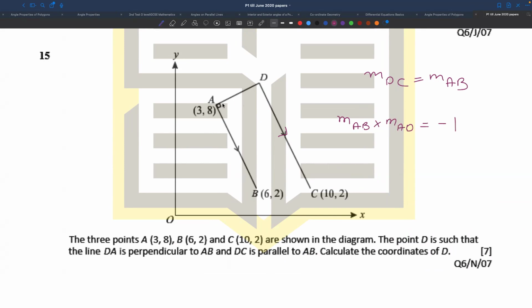If I know the gradient of AB, I also know the gradient of AD as well, right? If I know that as well, can I find the equation of AD? Yes, I can. If I have the equation of AD, I can also find the equation of DC using the gradient at this point. If I solve these two equations simultaneously, I will be able to find the point of intersection, right? 7 marks, straightforward, beta.